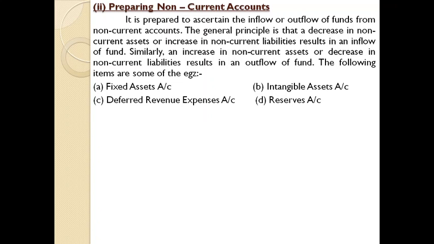Next item is reserves. We all know what is meant by reserve. Reserves mainly include general reserves, and sometimes in some situations these reserves include capital reserves and share premium. Remember, share premium, if it is given in the question, comes under reserves. So whenever there is an item under this heading, make sure whether there is a difference in these amounts between the first balance sheet and the second balance sheet.